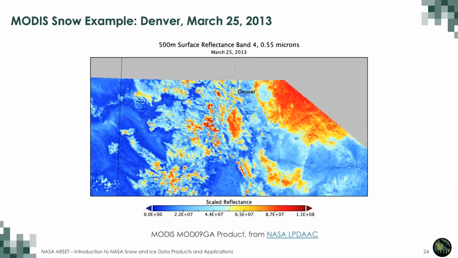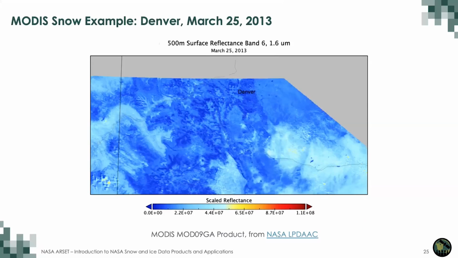But in Denver there's a bit of a hole due to the city, the streets, and the infrastructure. So it's very high in the visible range, and then very low in the shortwave infrared, this is the 1.6 microns. Again, you can see quite low values, in the blue low end of the scale.